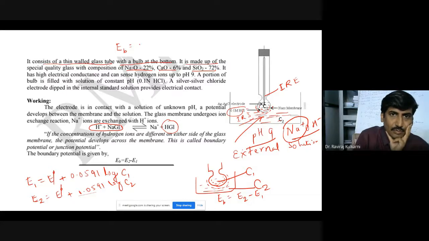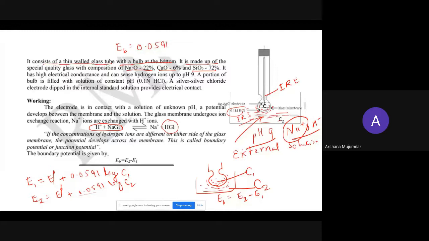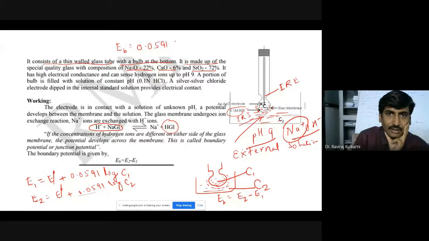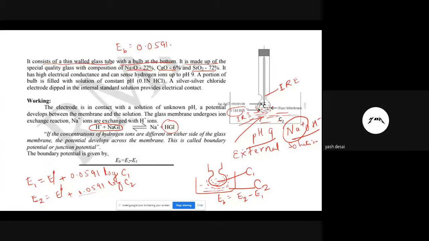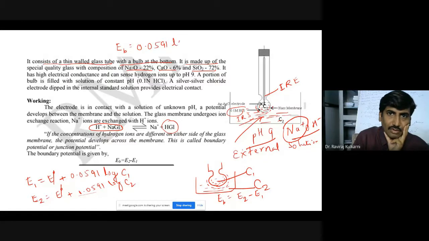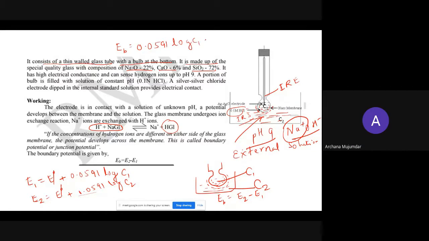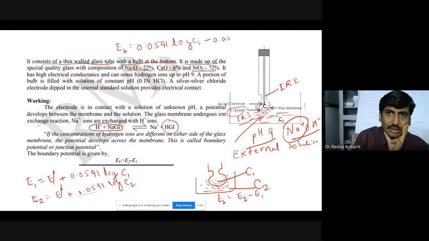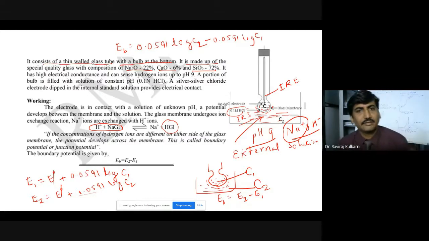This E0 you can cancel. So 0.0591, you take it outside: log C2 minus log C1.